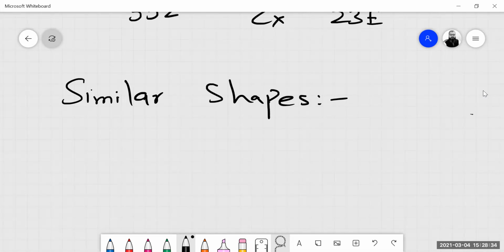What is the relation between these? The ratio of their corresponding sides is 2 and 3.